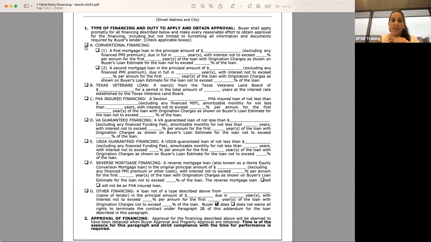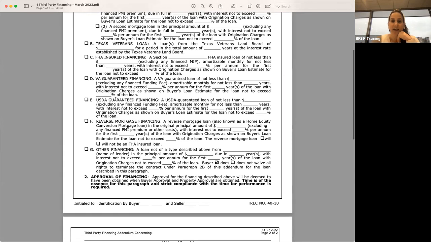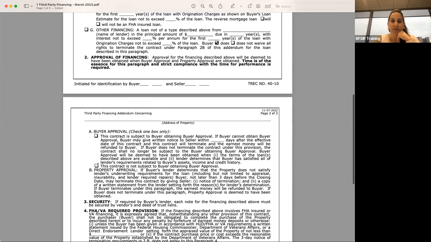So you would fill this out, we're getting conventional financing. And then you would go down here and say it's not contingent on the buyer getting approval, right? We're waiving that contingency. And then you would add the appraisal waiver addendum that we're going to talk about next. So basically you're waiving the two main contingencies, which is the buyer qualifying under 2A and the property appraising under 2B.